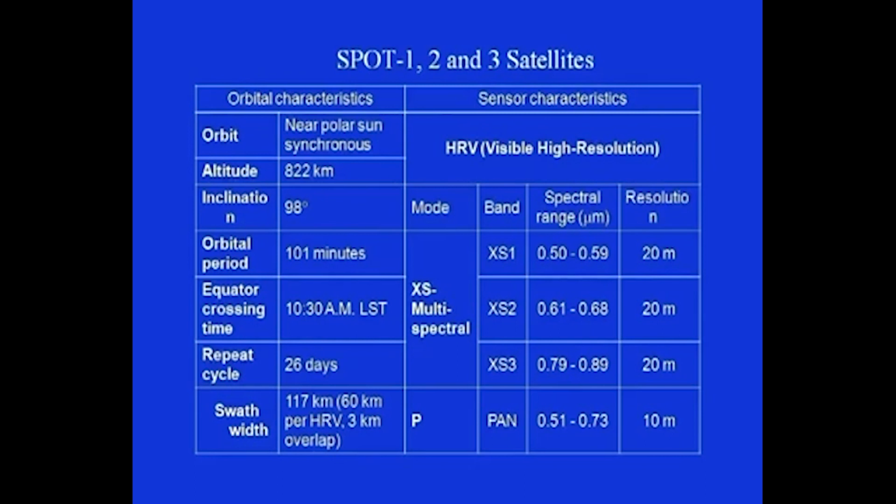The sensor characteristics of SPOT 1, 2 and 3 are that they carried an HRV, that is a high resolution visible sensor. This sensor could operate in 2 modes, XS, that is multispectral, and P, which is panchromatic. In the XS mode, there are 3 bands in which it would collect data.